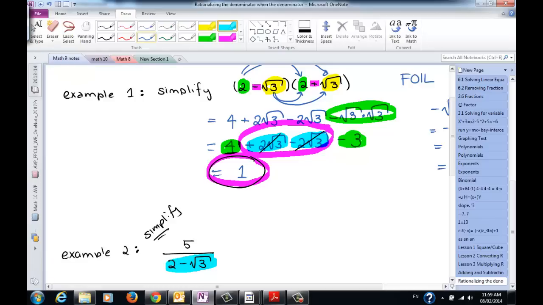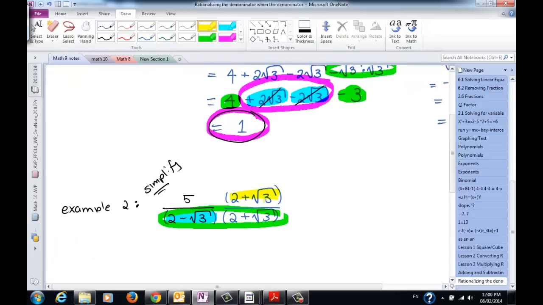So my denominator, which is 2 minus root 3, the difference would be 2 plus root 3. So notice now this is a difference of squares. Whatever I multiply the bottom by, I also multiply the top by. Okay, notice that I'm multiplying the top and the bottom by the same thing.